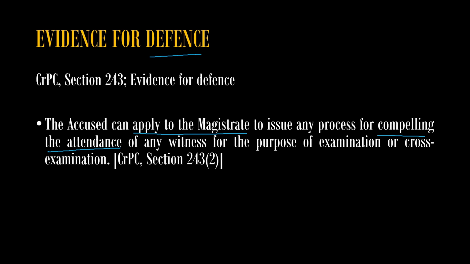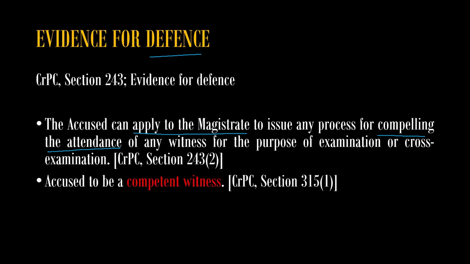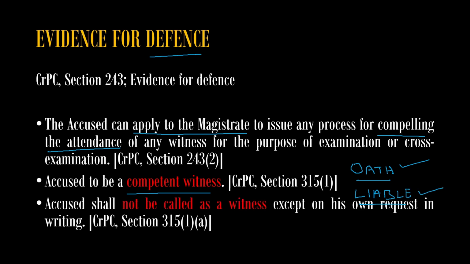Under CRPC section 315, the accused is a competent witness, but if he chooses to stand as a witness for himself or for other accused, his examination would be under oath, and he shall be liable for punishment for giving false statements. The accused can only be called as a witness upon his written request and not otherwise. If the accused does not step into the witness box, no adverse inference against him shall be taken.